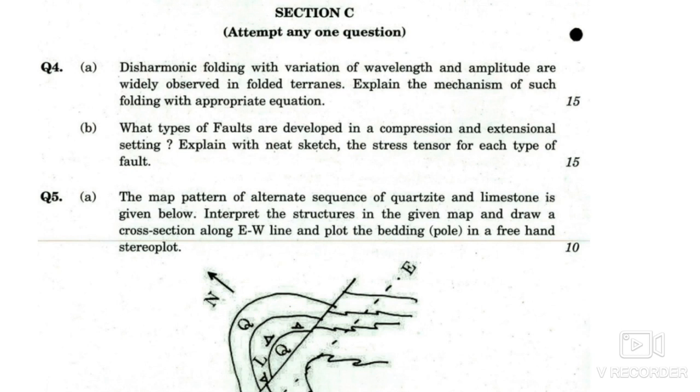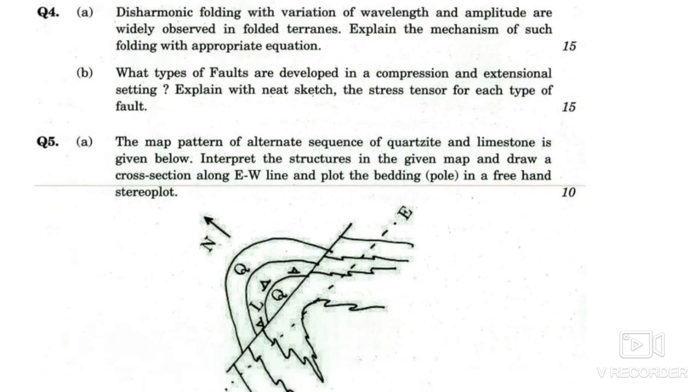And 4B: what types of faults are developed in compressional as well as extensional settings, and explain with neat sketches the stress tensor for each type of fault. Okay, so that's quite a long question.